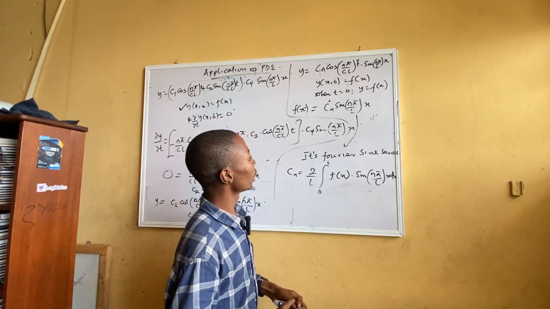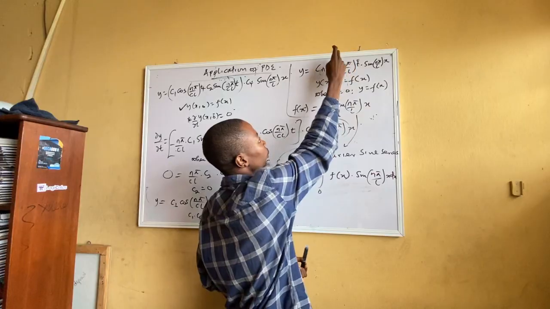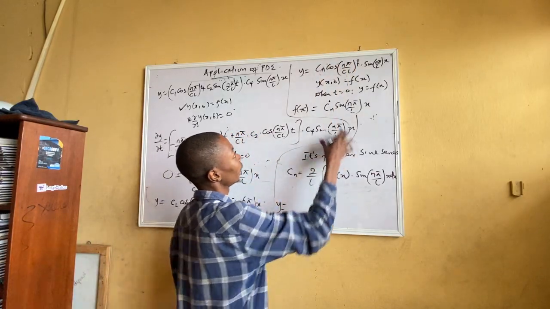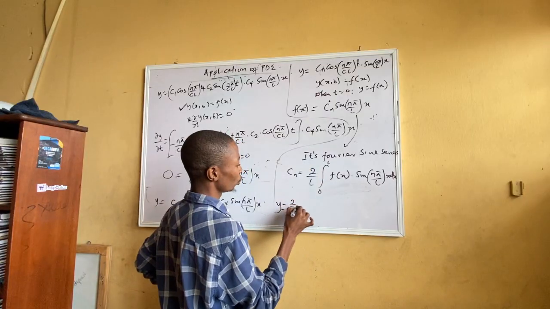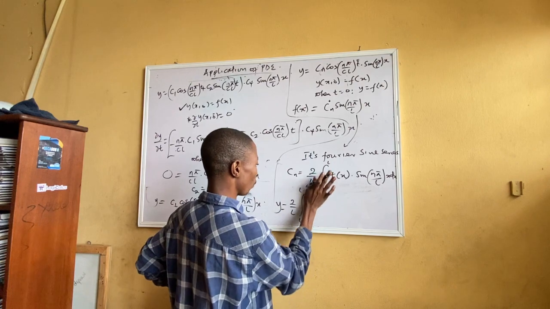Now return this Cn to your solution. Finally, y equals, what is Cn? Cn is equal to 2 over L integral from 0 to L of f of s, leave f of s as f of s.